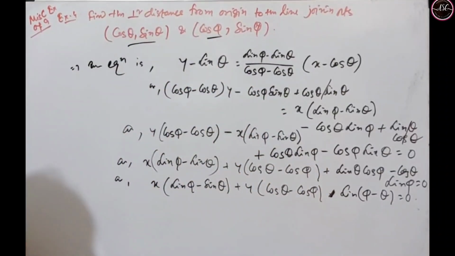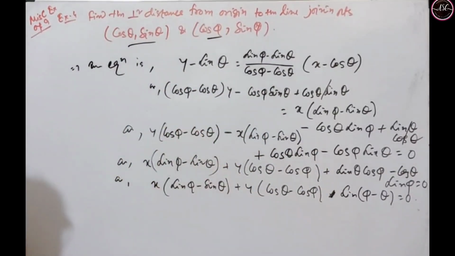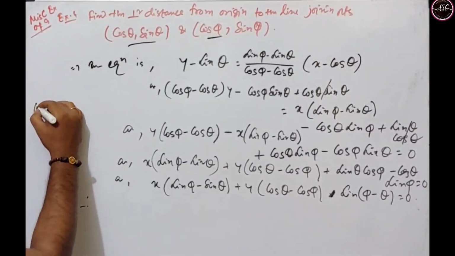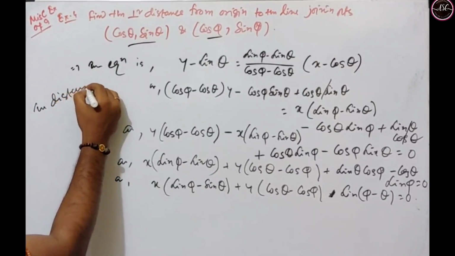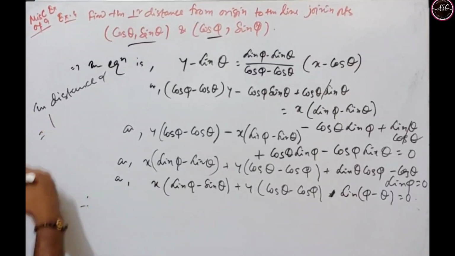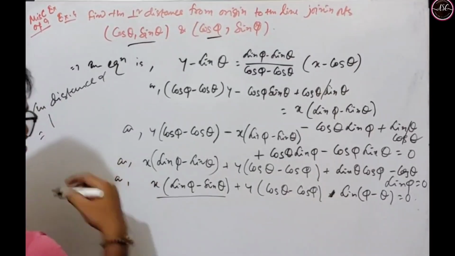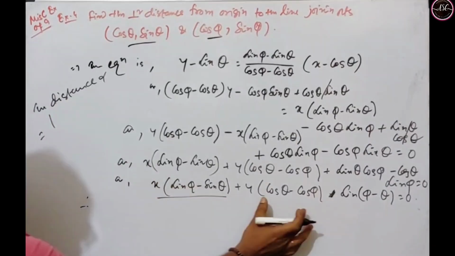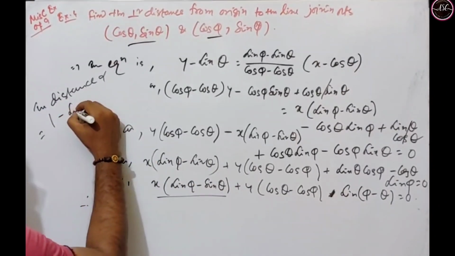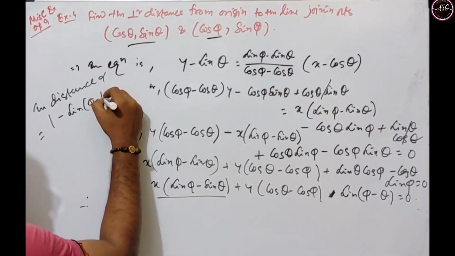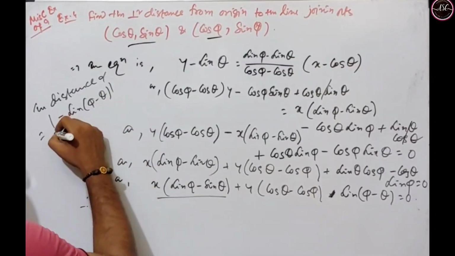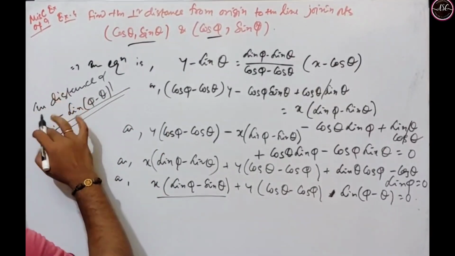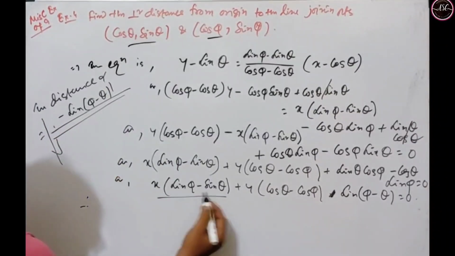Okay. So the perpendicular distance from origin, the distance d equal to mod of, here this will be 0 and this will be 0, so we have minus sin phi minus theta, okay, divided by root within mod, obviously this square and this square.